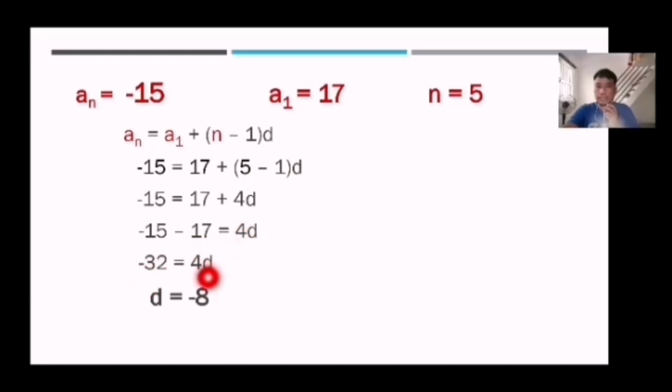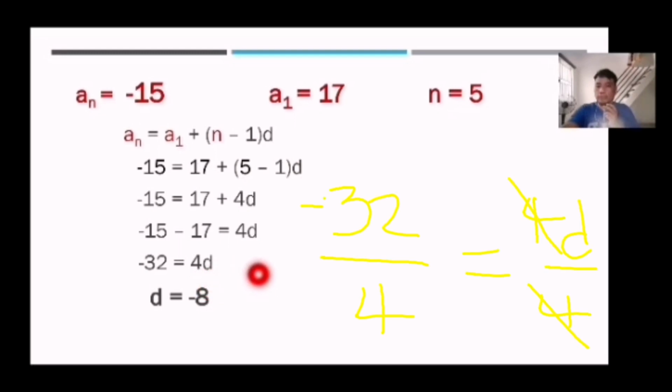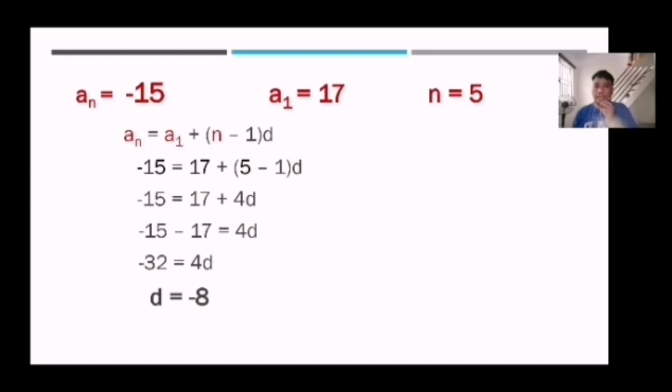Bring down 4D. Okay, so to isolate again D, divide both sides by 4. Negative 32 divided by 4 is negative 8. 4D divided by 4 is D. So in this case, the value of the common difference is equals to negative 8.